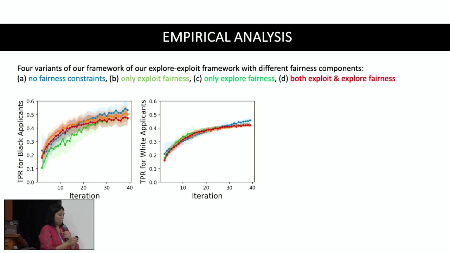The difference between the blue line, that is no fairness constraints, versus either one or both types of fairness constraints, that gap is what we would consider a fairness gap, as is often present when you place more constraints on the system. We expect the utility to perhaps be reduced, but we see that in any of these cases, we are learning, right? If we were not doing this exploration, we would stay at the 0 iteration because that is what our initial classifier would say, right? So we're dramatically increasing the true positive rate for all applicants overall by using this learning process.